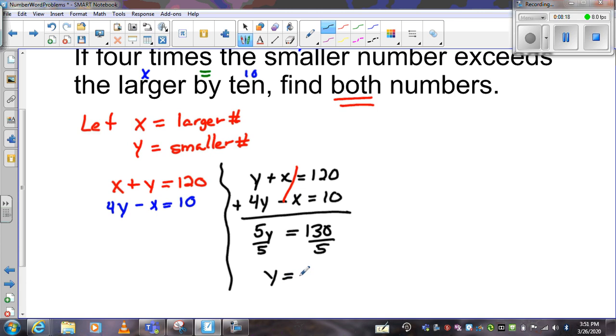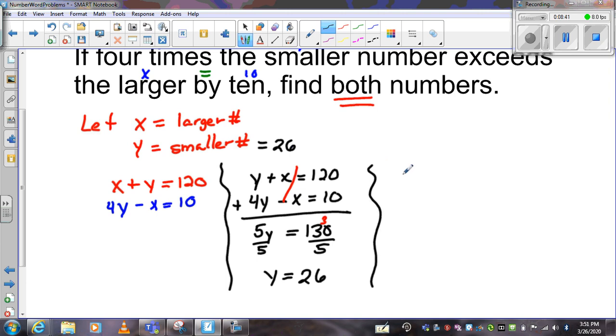Therefore, y is equal to, let's see, 5 goes into 13 twice with 3 left over. So 5 goes into 30 6 times. So it looks like the smaller number is 26. Let's keep going. I need to get my larger number.